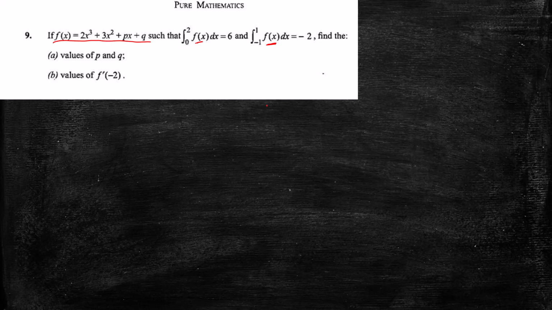Okay, so let's start with the integral from 0 to 2 of f(x), where f(x) is 2x cubed plus 3x squared plus px plus q, dx.